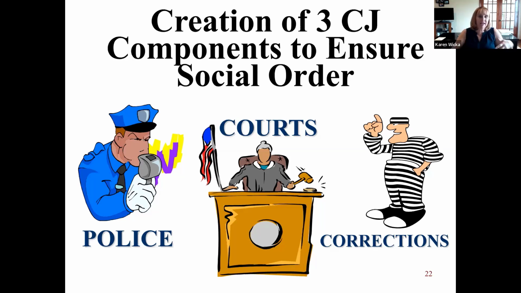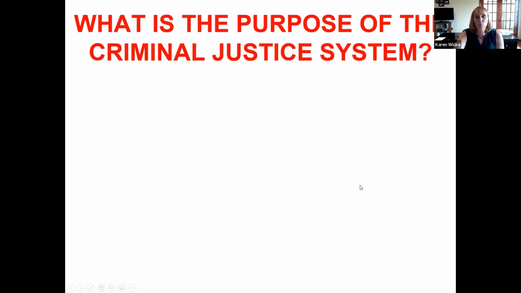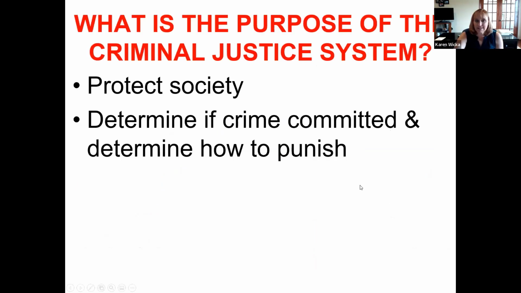And you're always going to say police, courts, and corrections. So we're going to start with an overview. We're going to spend a couple weeks on police, a couple weeks on courts, a couple weeks on corrections, and you will learn all of these components of the criminal justice system and how they work to ensure social justice within our system.